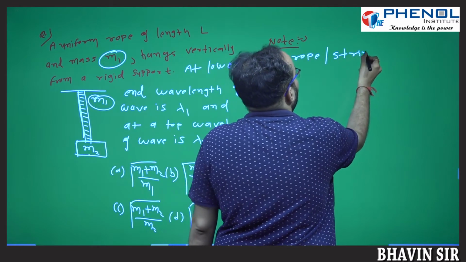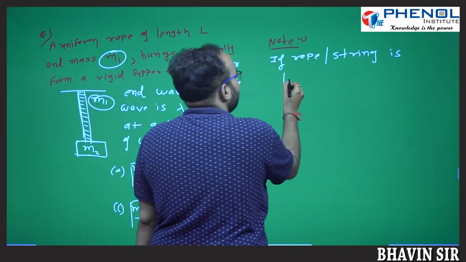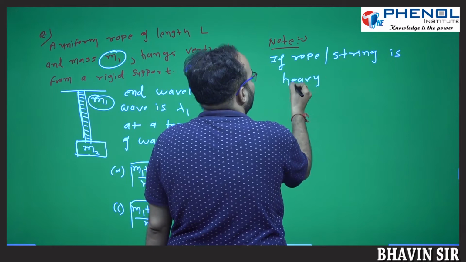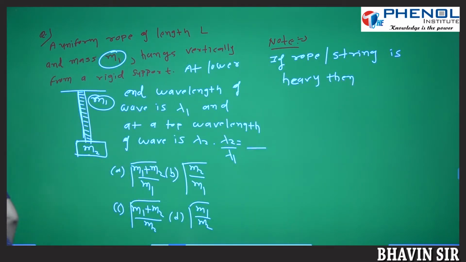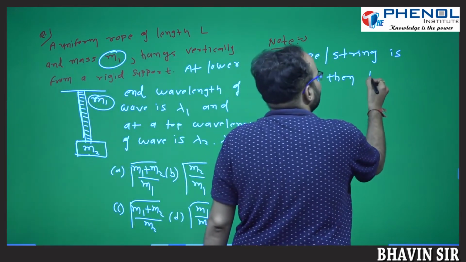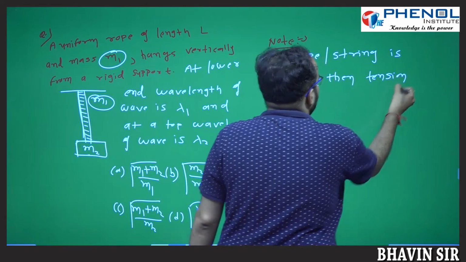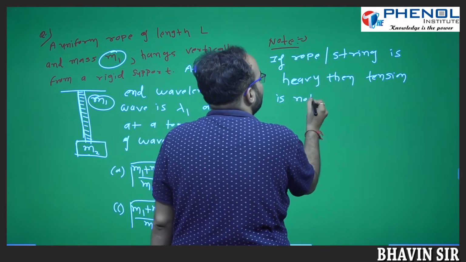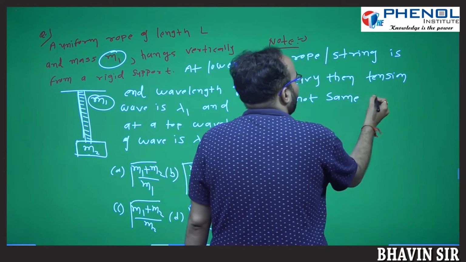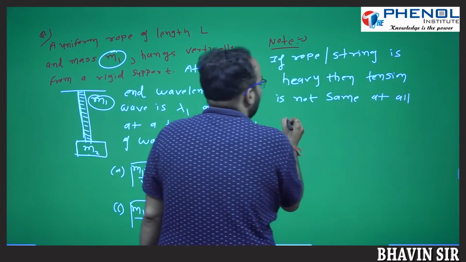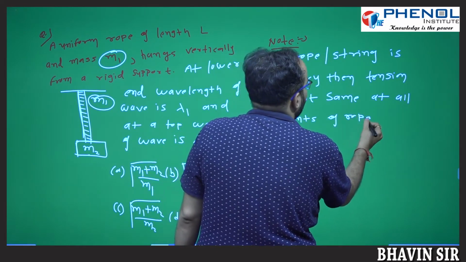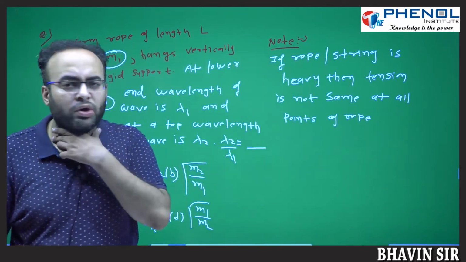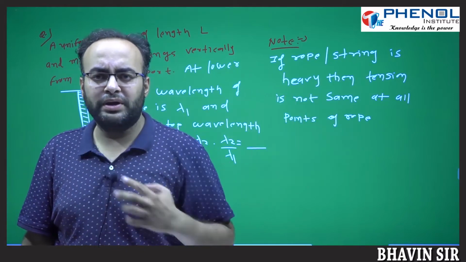If the rope or string is heavy, then tension is not the same at all points of the rope.